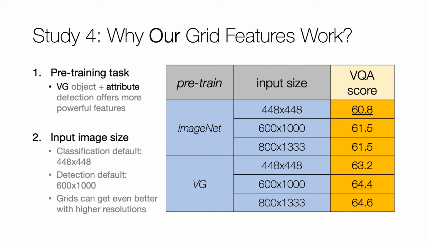The two underlined scores are the baseline numbers we reported before. We find input size matters quite significantly, and our VG pre-trained grid features can further improve the VQA score if we feed a larger image size.